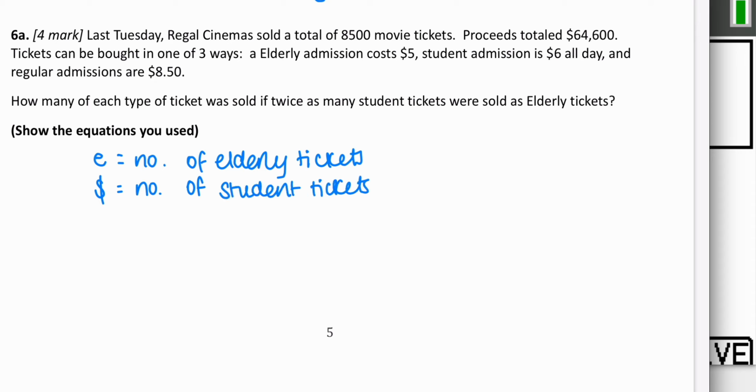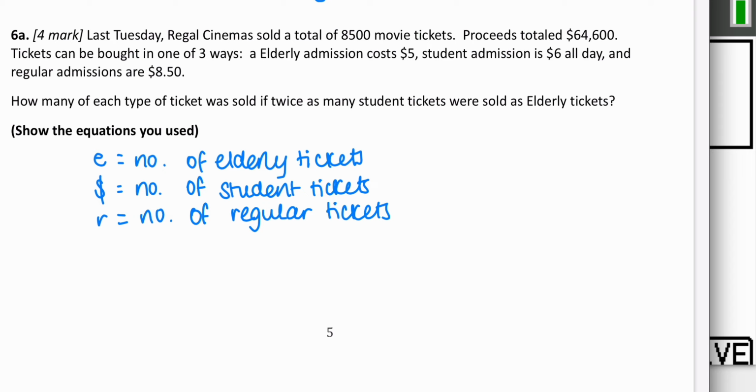And then the last one is R, which is equal to the number of regular tickets. You might have called them something different, which is fine, but that's the way that I've called them, E, S, and R, from the information that we're told.